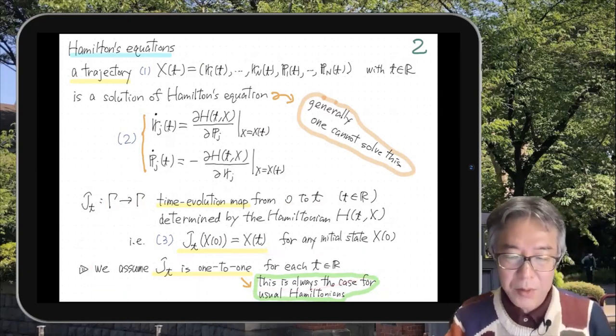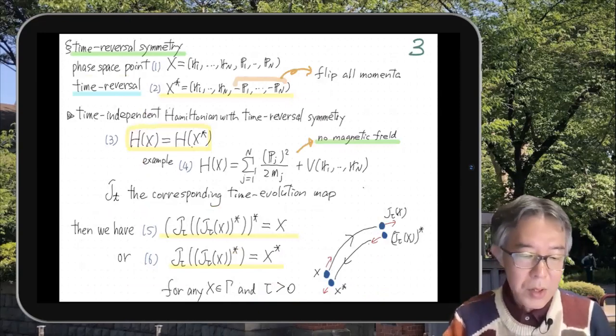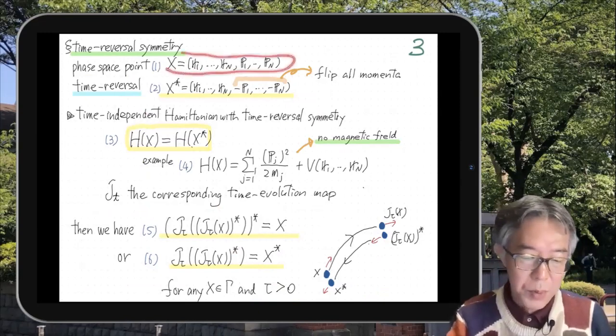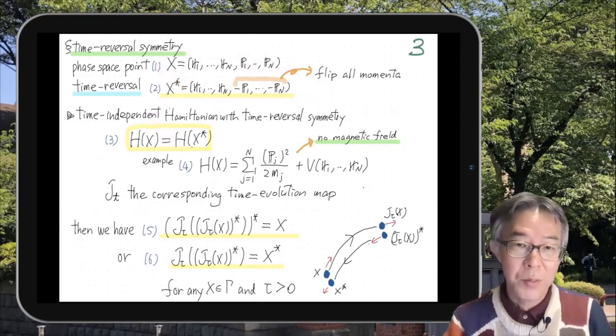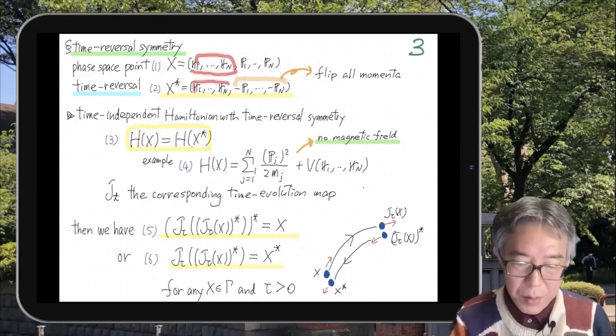Okay, these are just formal notation, and here's one important discussion about time reversal symmetry. So this is an arbitrary phase space point, and then we define its time reversal X star. This has nothing to do with complex conjugate. This is our definition. By X star, I denote almost the same thing, but with all momenta flipped.